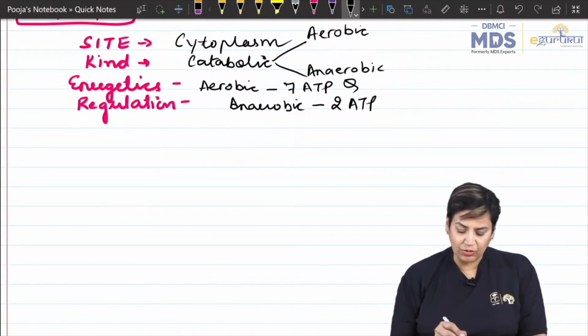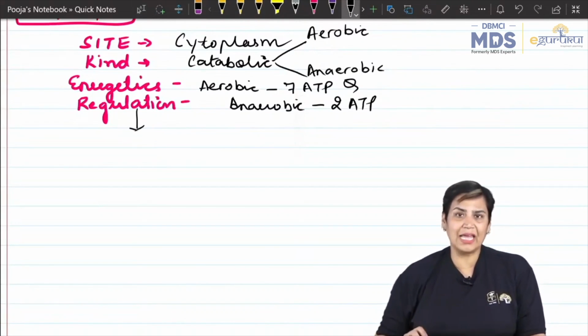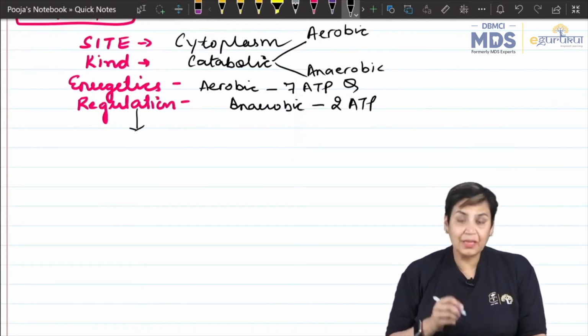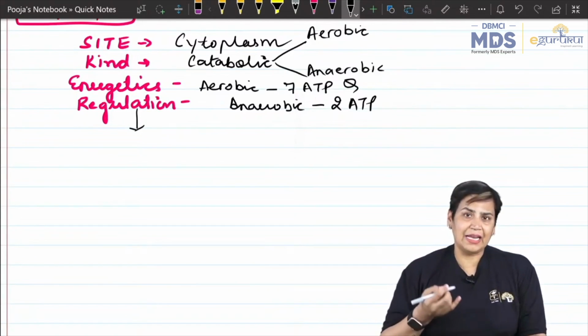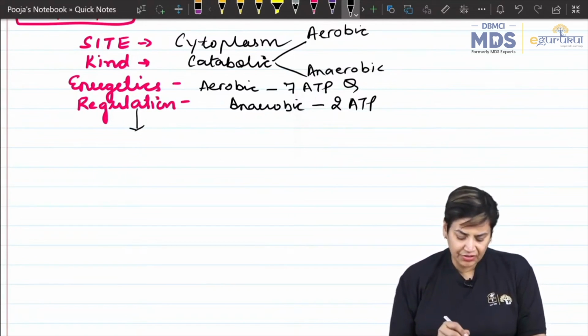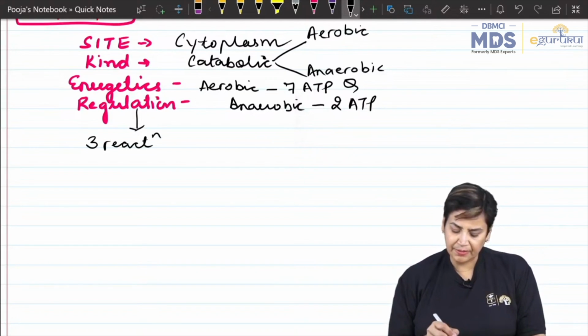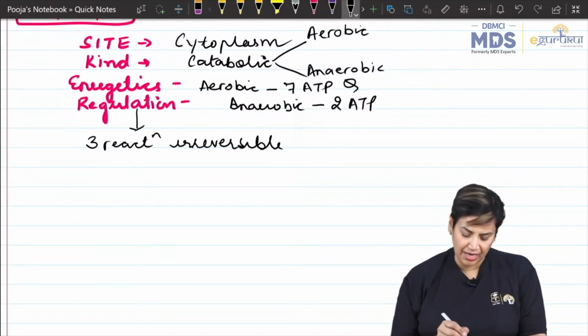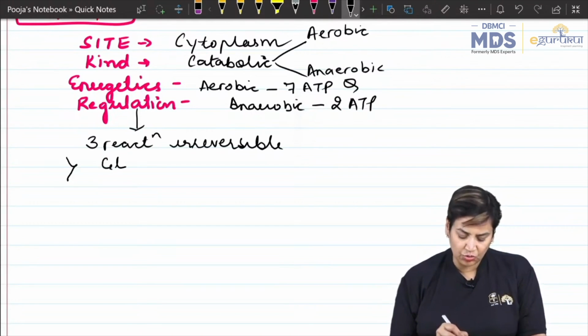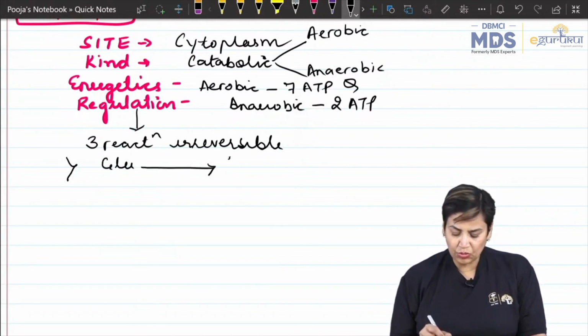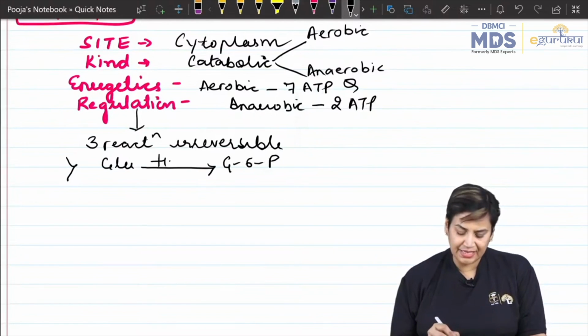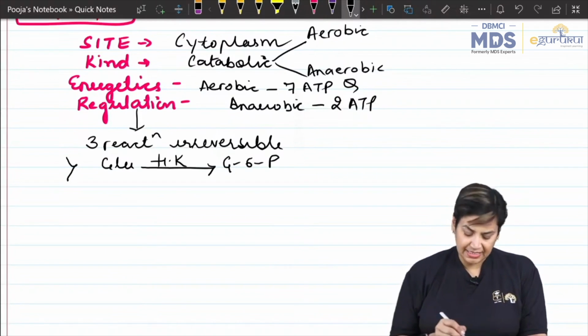Then comes regulation. Now this glycolysis is a 10 enzyme catalyzed reaction series in which 3 reactions are strictly irreversible. The first reaction is glucose to glucose 6-phosphate. Here the enzyme is hexokinase.